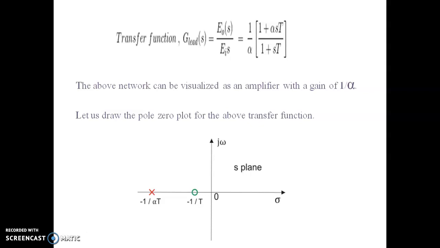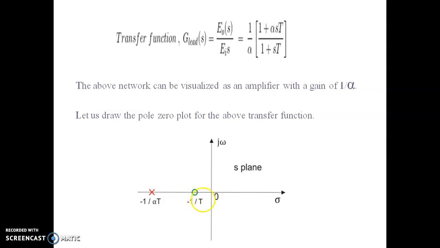So let us draw the pole and zero plot of the transfer function. So this is the imaginary part, positive imaginary, negative imaginary, positive real, negative real part. So this is the negative S plane, positive S plane. So zero and pole, as we discussed, zero will be dominating. So zero will be nearer to the origin, right?